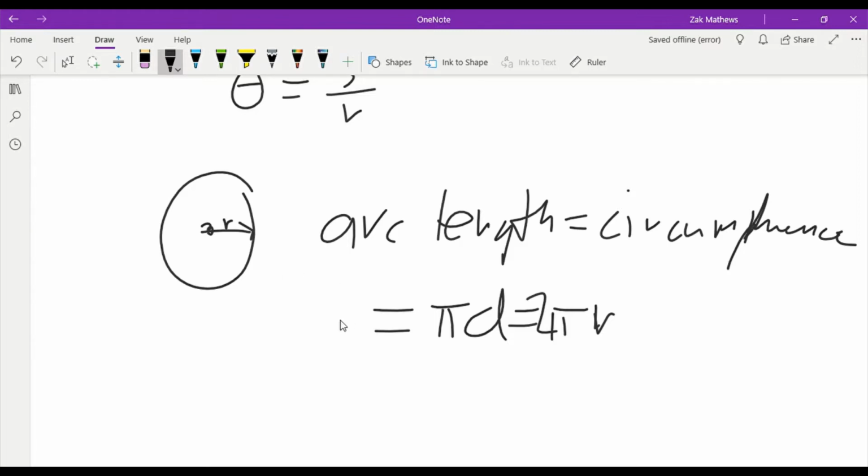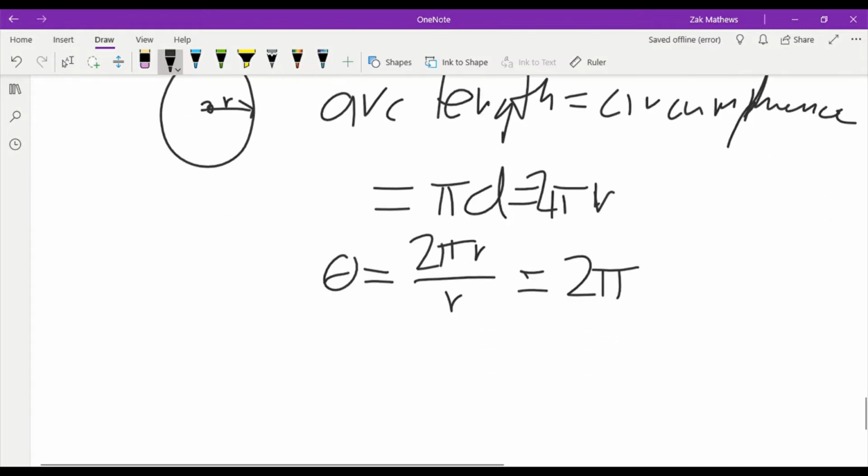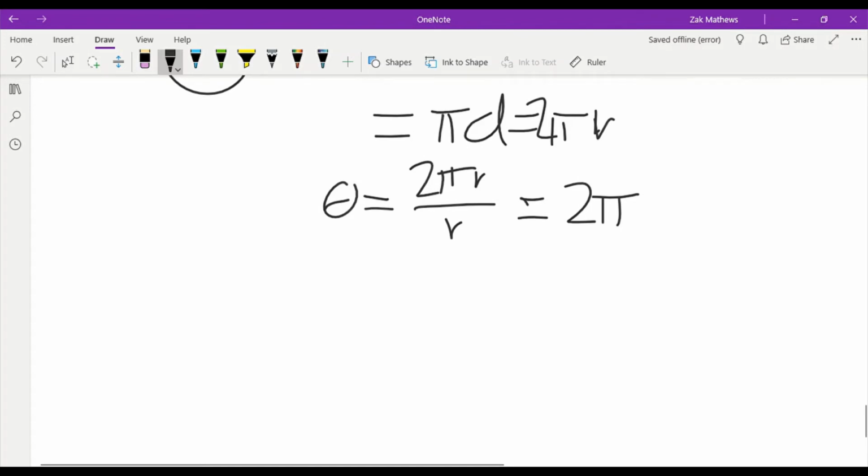So if we take the arc length, we just said that the angle is the arc length. I'm going to use the 2 pi r version of that, divide it by r, and that gives me an angle of 2 pi. So that tells me the full rotation of a circle in radian measurements is equal to 2 pi.